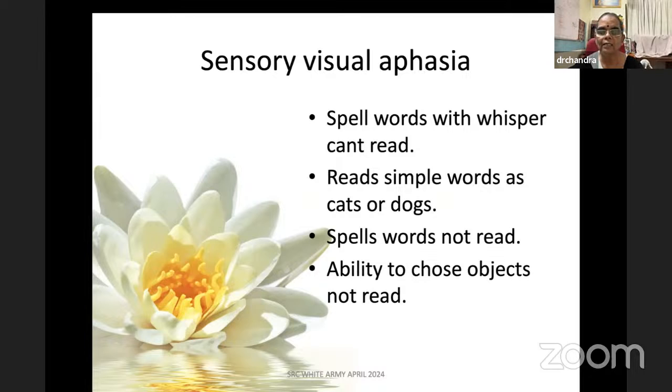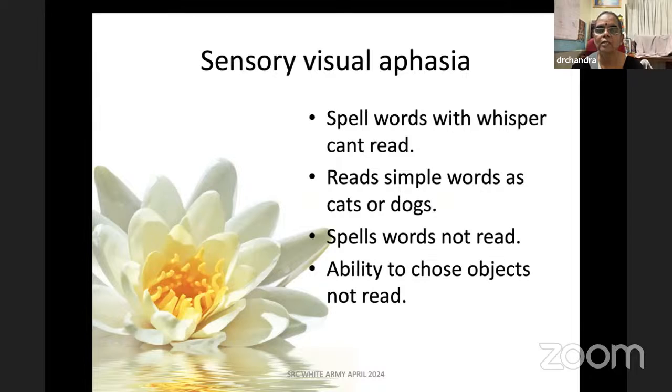But close their eyes and spell apple, they will be able to do that. And they have the ability to choose objects which are not read. The patient is not reading the apple, not spell reading the apple. But from the mind, he is telling the apple letters and he can choose the apple. This is called sensory visual aphasia.